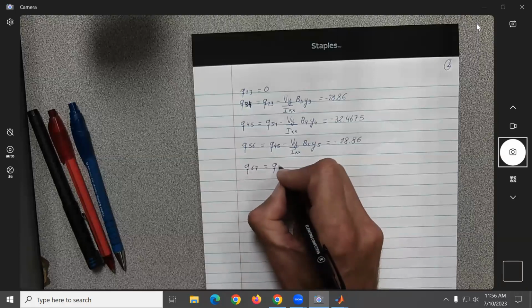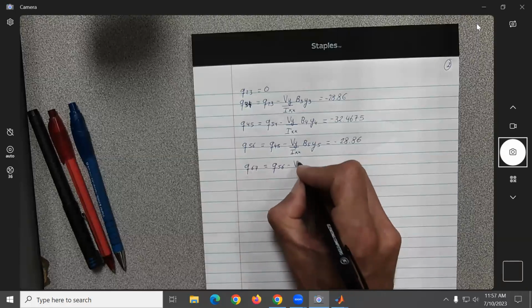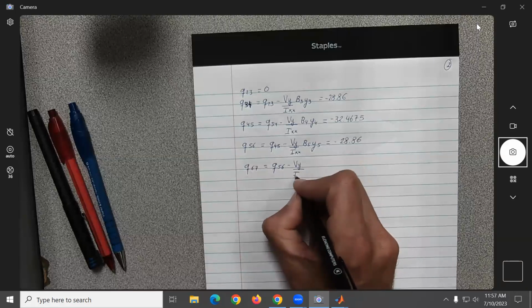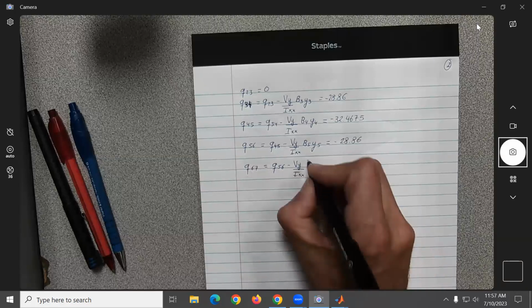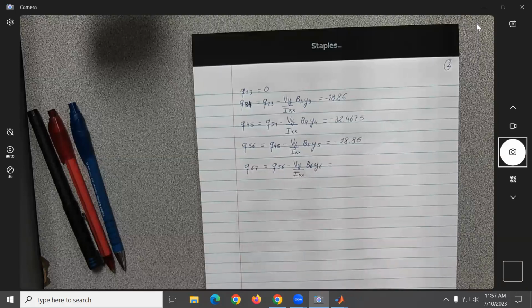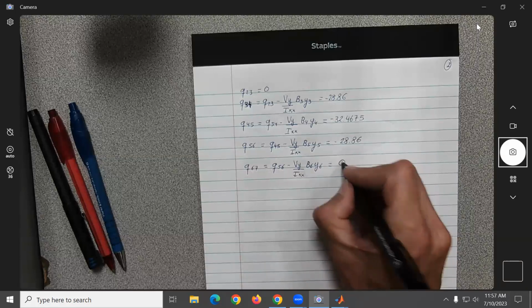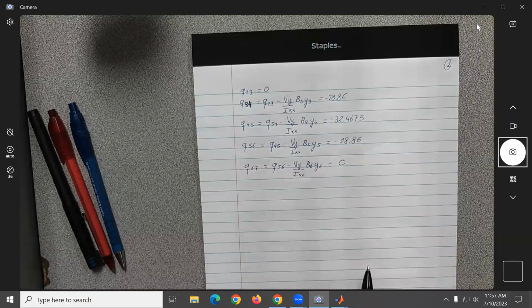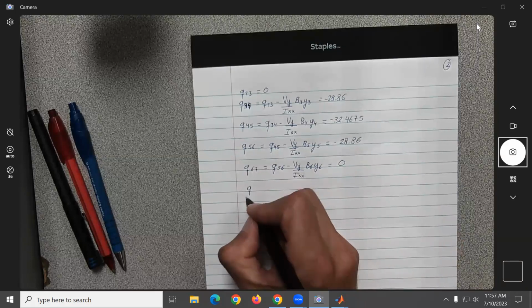Q67 would be Q56 minus Vy over Ixx B6 Y6. This gives you, what should that one be? 0, no? By symmetry. You can go and check your calculations, very good.